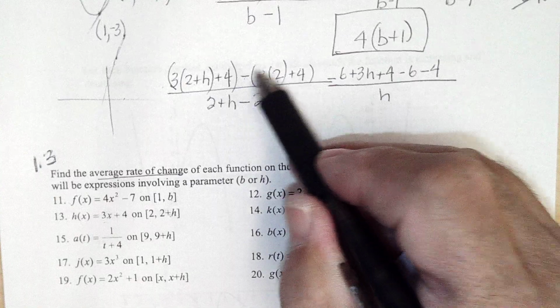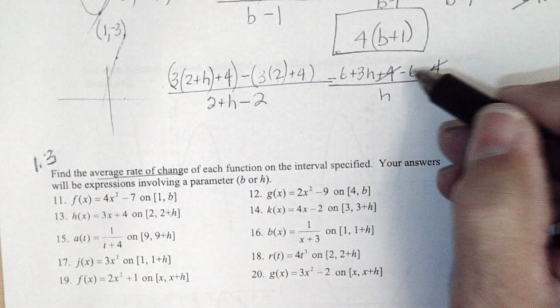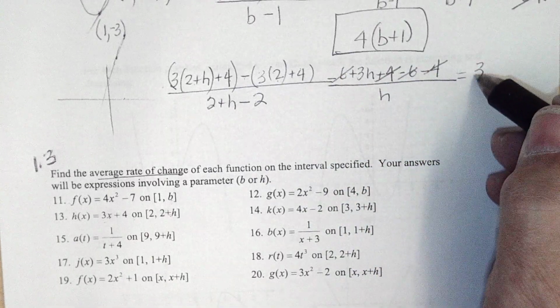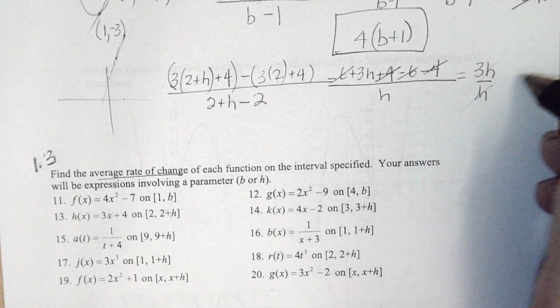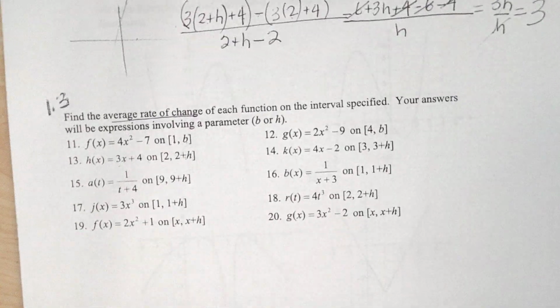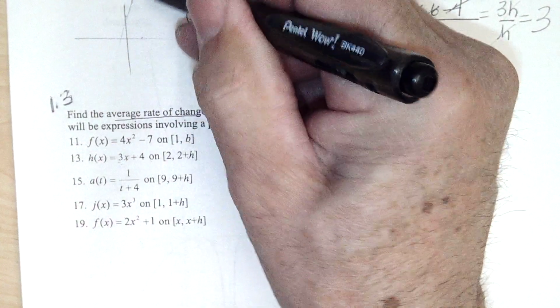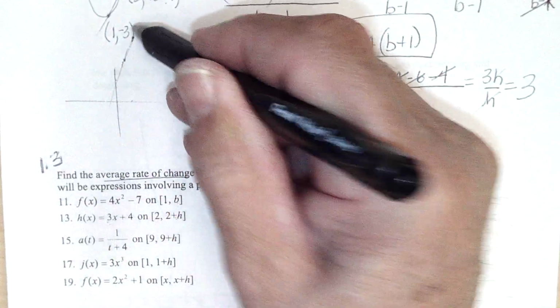Don't forget to distribute that minus and make that negative 4. So those 4's cancel. That minus 6 cancels the plus 6, and I get 3h over h. The h's reduce to 1, and I get 3, which had to be the answer because this is a line with slope 3. And the slope between any two places on the line is going to be 3.